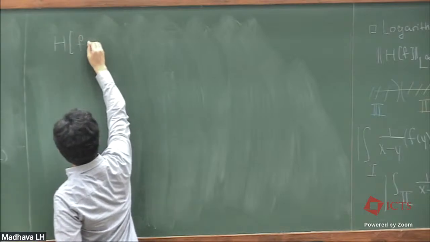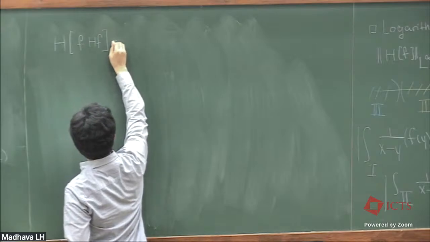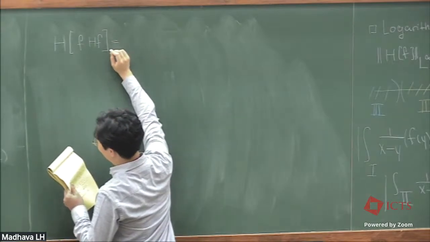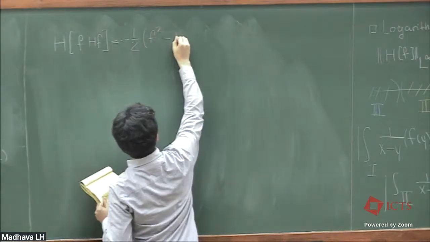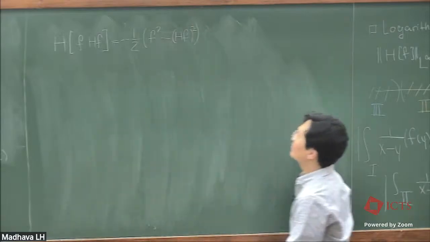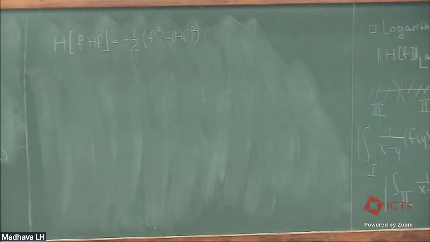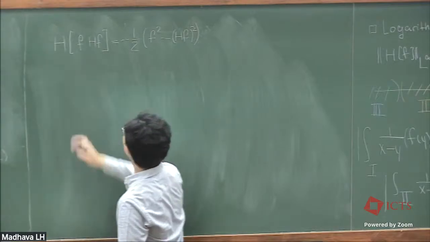Hilbert transform of f times Hilbert of f is minus 1/2 f squared minus Hilbert transform squared. This is called the trichotomy identity. And solving this equation really relies on this identity.